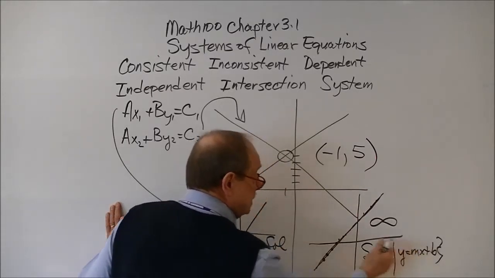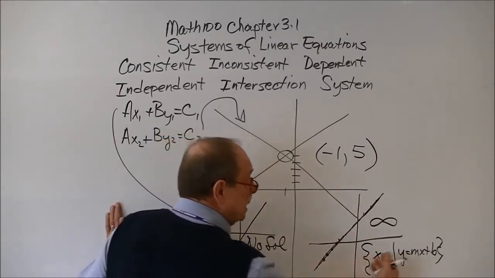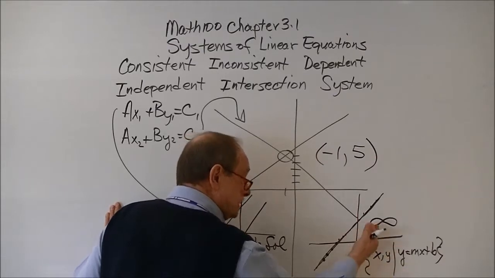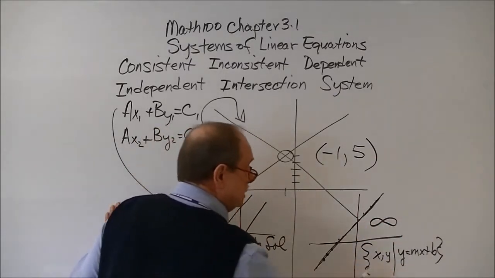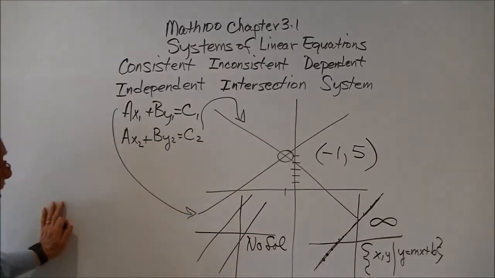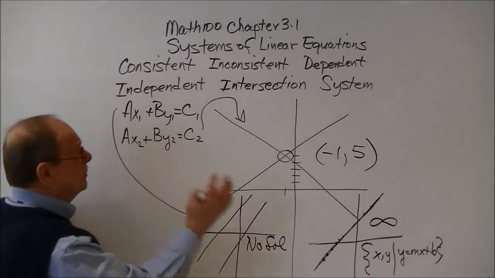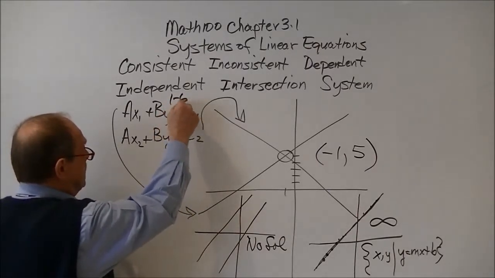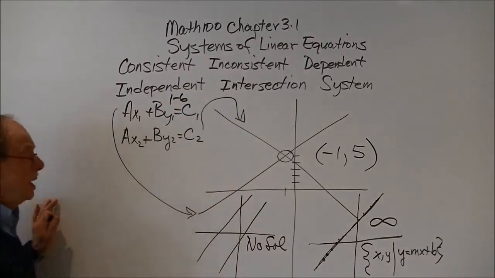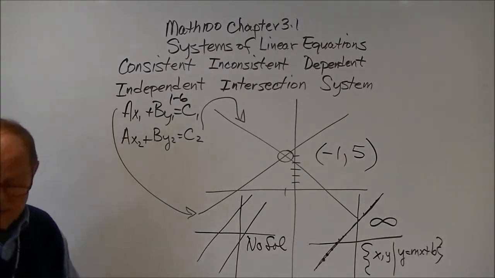And this equation is actually the same equation for the other, and it's the same line, infinite number of solutions. This is the set builder notation that we use to write it. So there's a sort of a summary of where we're going, and I believe it's 1 through 6 are your vocabulary words, and we'll pick up on number 7.